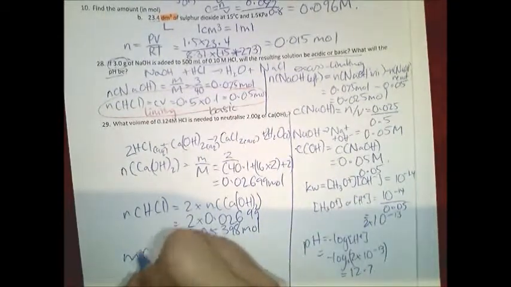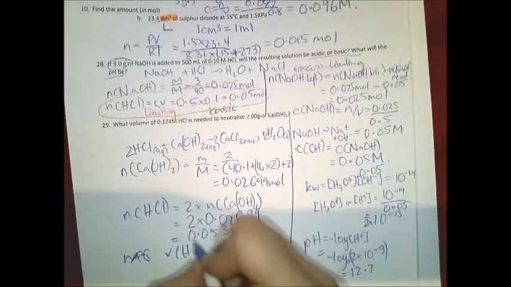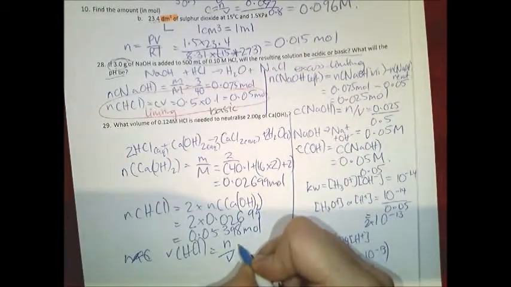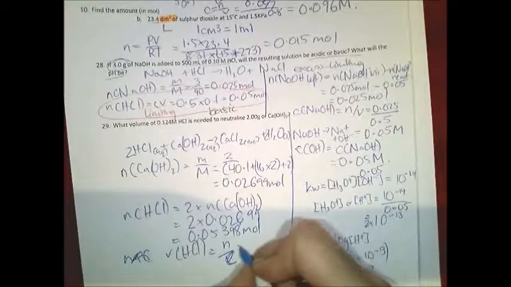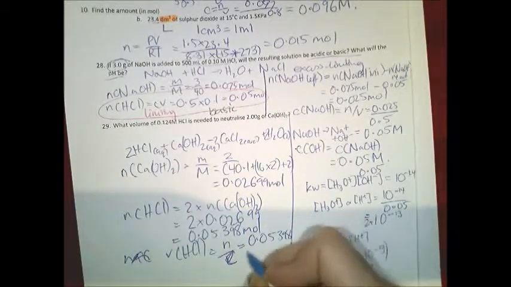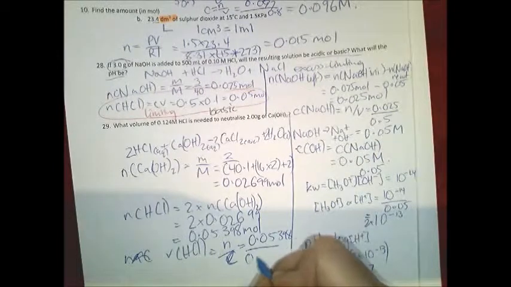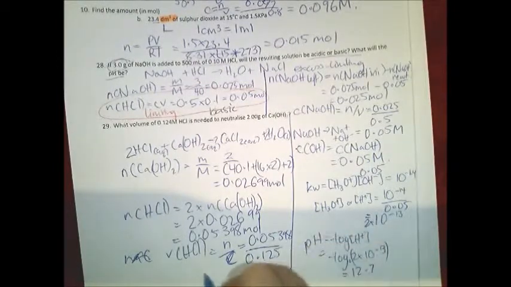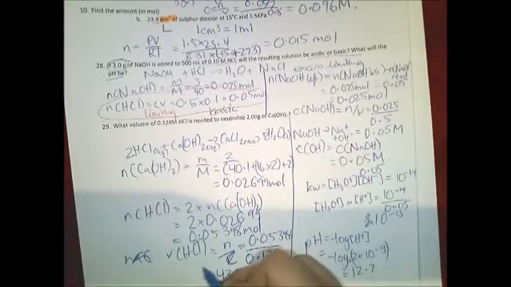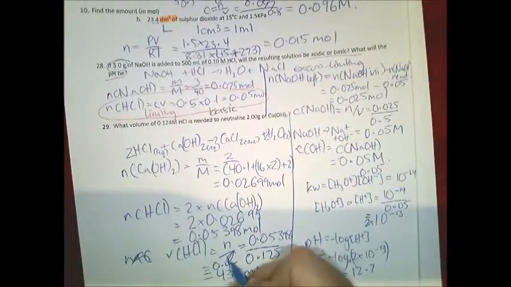The volume of HCl equals n over C, 0.05398 divided by 0.125 equals 435 milliliters. So 0.435 liters.